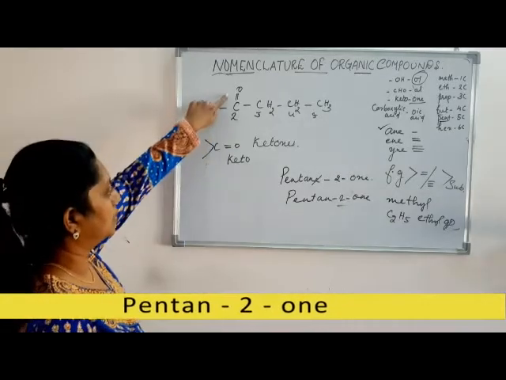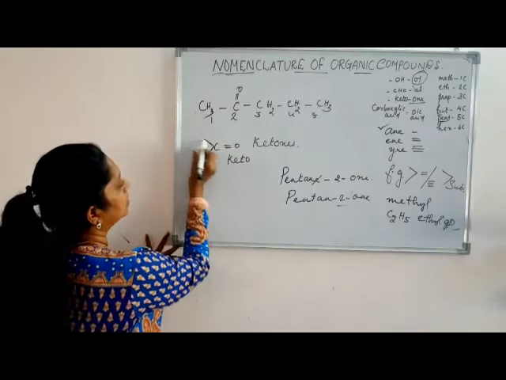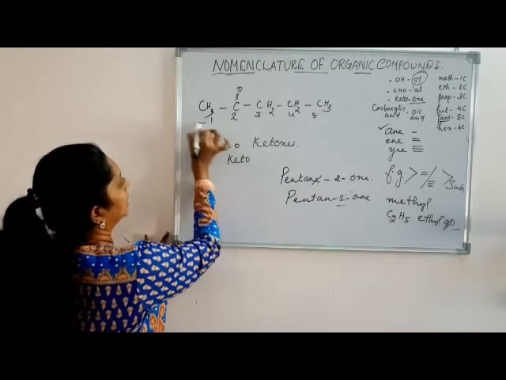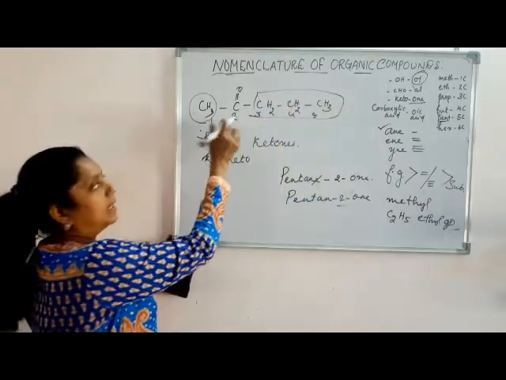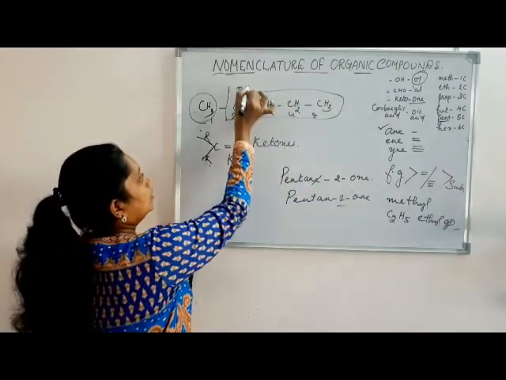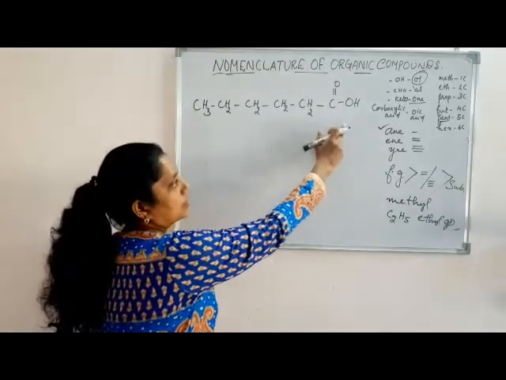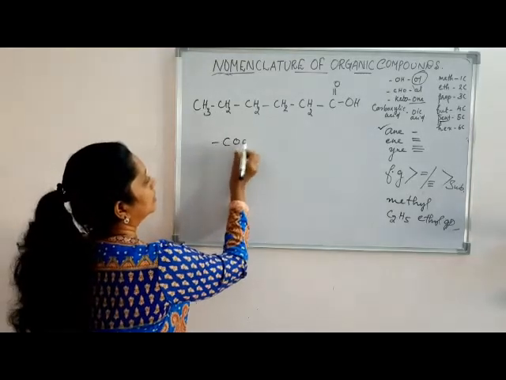When there is a keto group in the compound, the keto group is always attached to alkyl parts. This is the hydrocarbon chain, an alkyl part here, and here is also a hydrocarbon chain, and this is the functional group, the keto group.